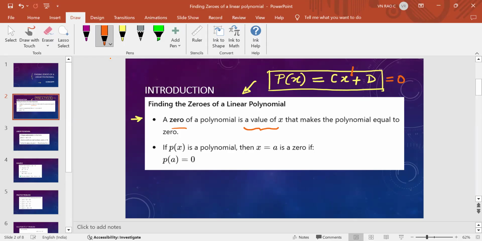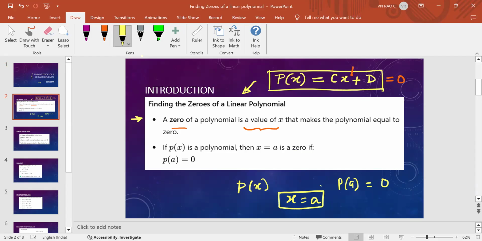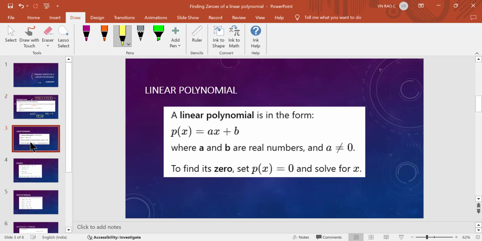If p of x is a polynomial, then x equal to a is a zero if, when I substitute x is equal to a, p of a becomes 0.